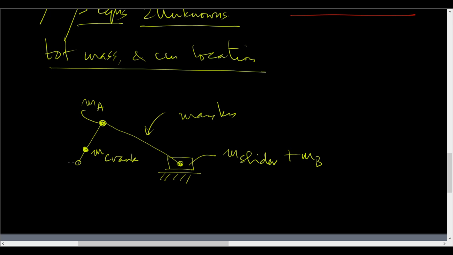And what I do is I can add an M balance over here so that the center of mass of this combined crank including MA coincides with this one. Then there are no unbalanced forces provided this omega is a constant.